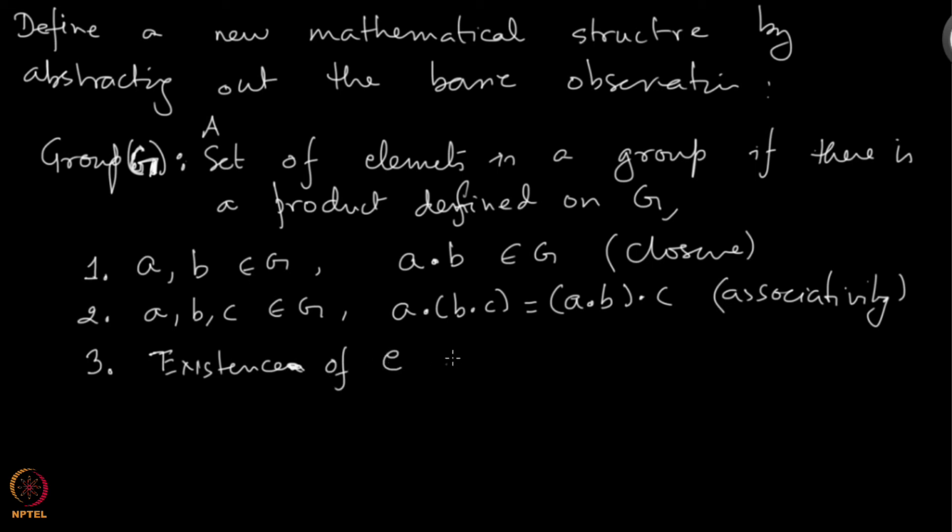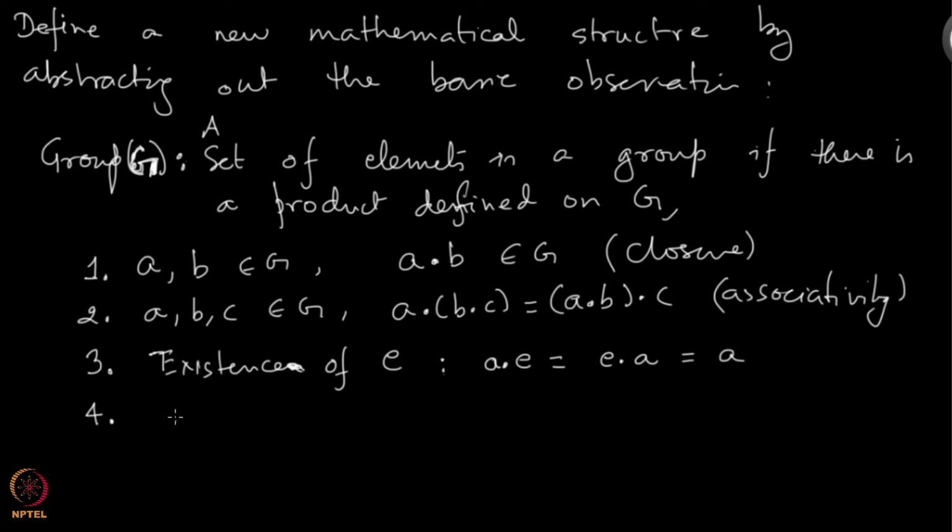I mean that I should have an element E belonging to G, such that when I multiply it with any other element A, which could be any element of this set, I always get the same element back. If that is happening, then I call E the identity element, and I demand that such an element should exist in the set G.